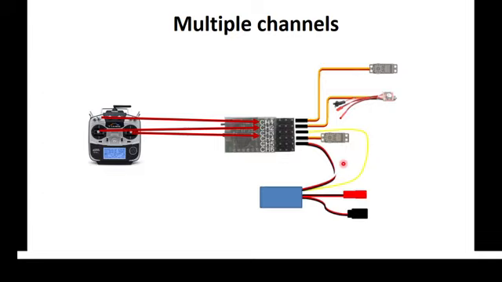So you can accelerate a motor with one of the sticks of the transmitter, change the position of the servo with some of the switches, and increase the brightness of the LED with one of the knobs of the transmitter.